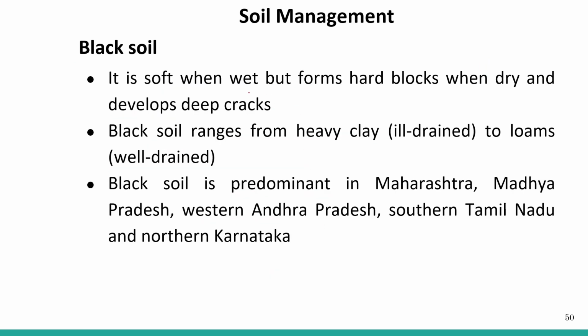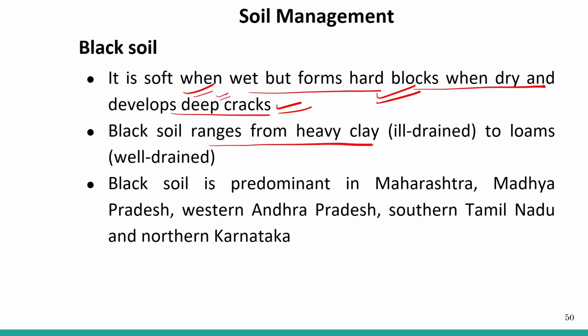It is soft when wet but forms hard blocks when dry and develops deep cracks. Black soil ranges from heavy clay, which is ill-drained, to loams, which are well-drained soil.